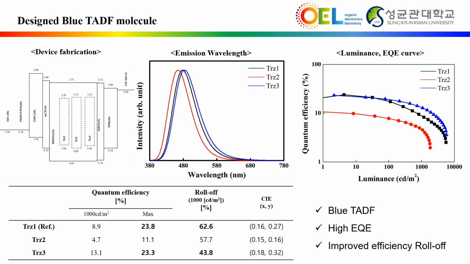The max external quantum efficiency of TRZ3 was 23.3%, which was almost the same as the reference. However, in the case of TRZ2, the EQE is quite low, which is expected due to the low PLQY and dipole orientation.